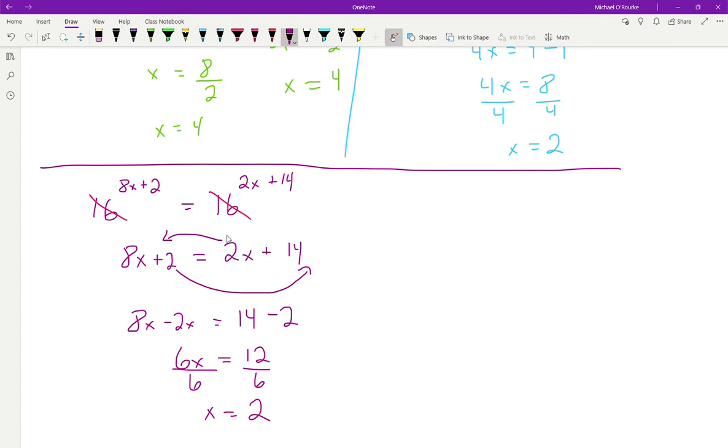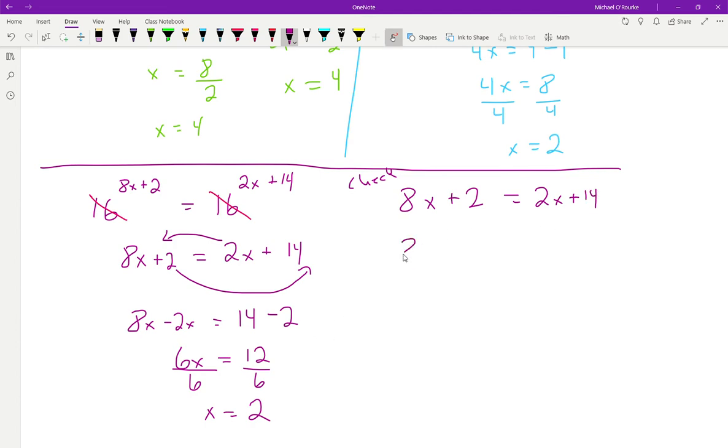Now I could go back here and plug that 2 back into the equation, into the top part. So this is a check. 8x plus 2 equals 2x plus 14.